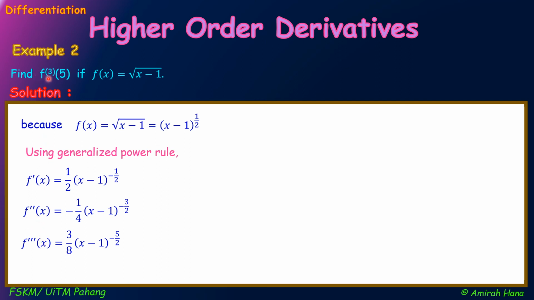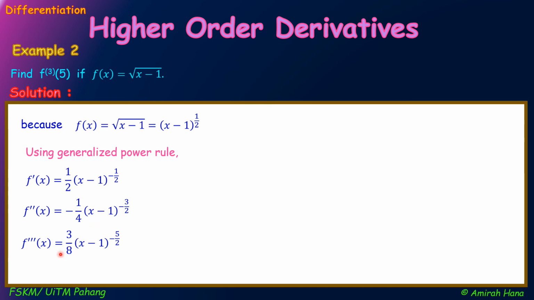Finding f triple prime 5 here means finding the third derivative. Again, we use the generalized power rule because we have a bracket to the power of any value, such as fractions or negative numbers.